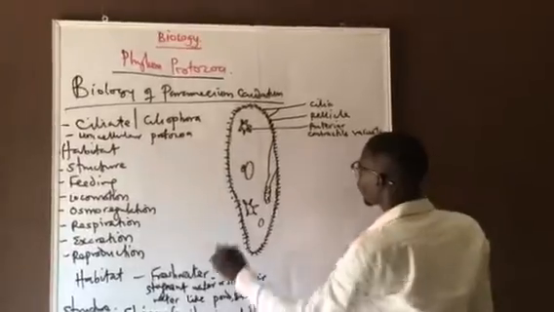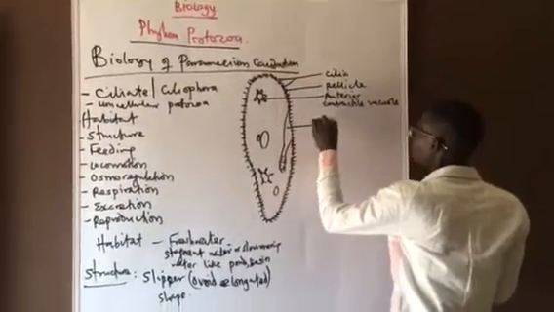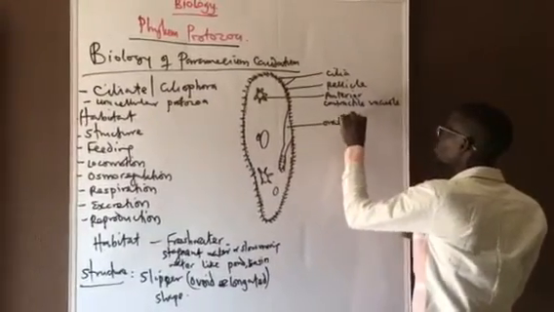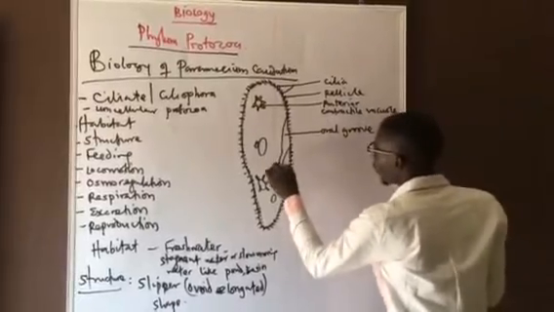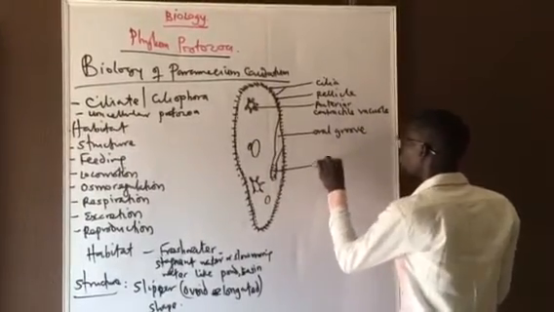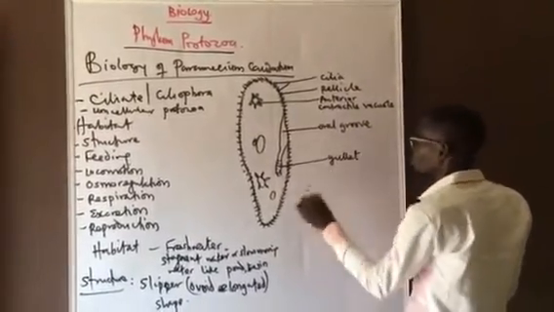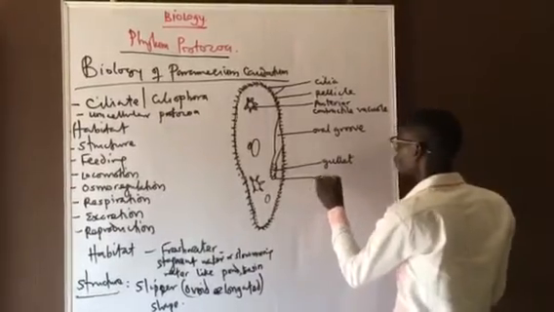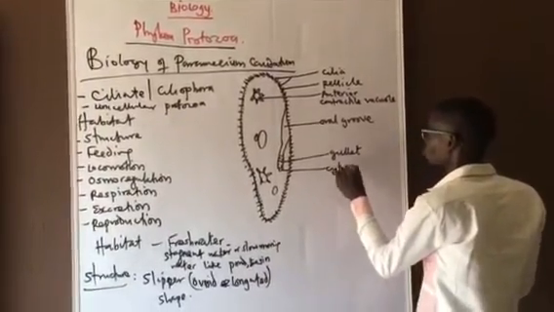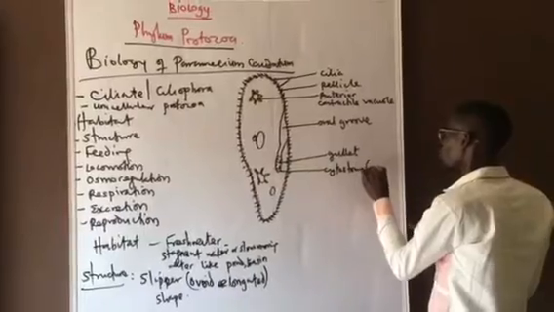We also have the oral groove. We have the gullet. Okay, with cilia, we have the cytostome, that is the mouth.